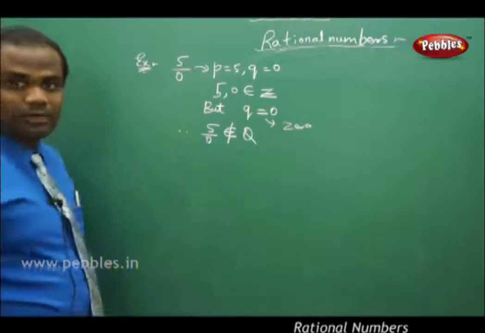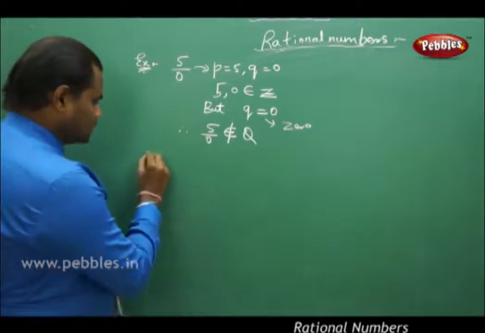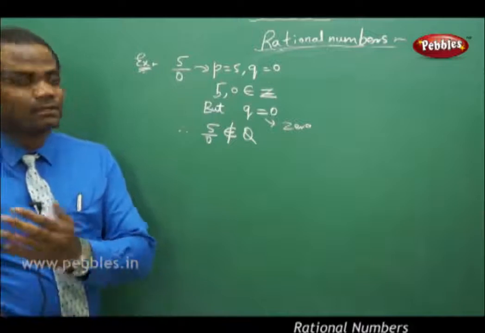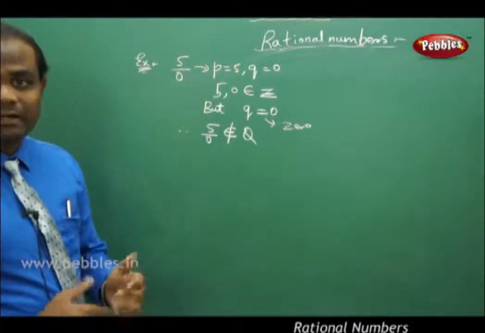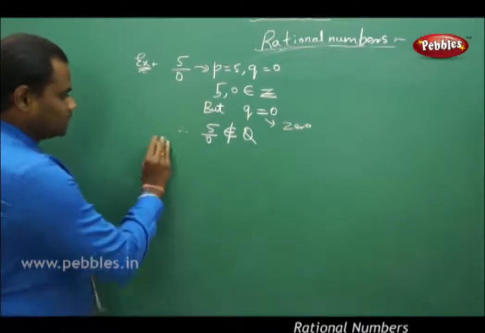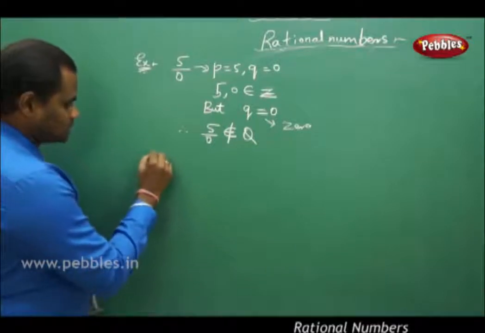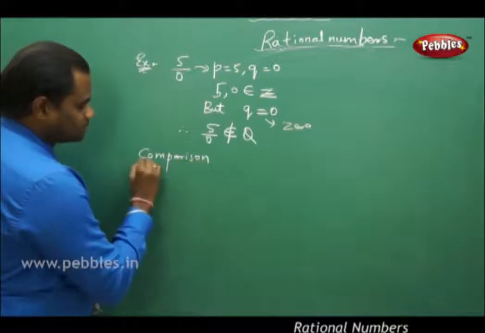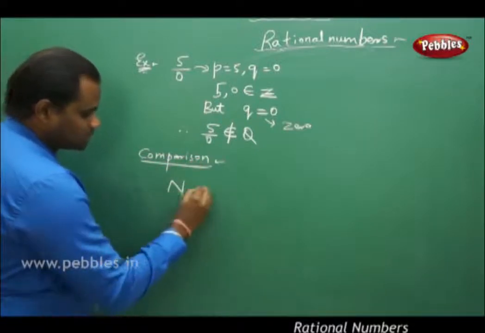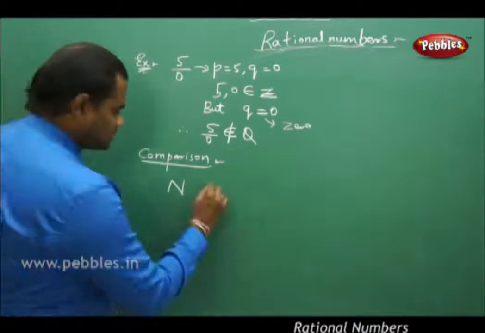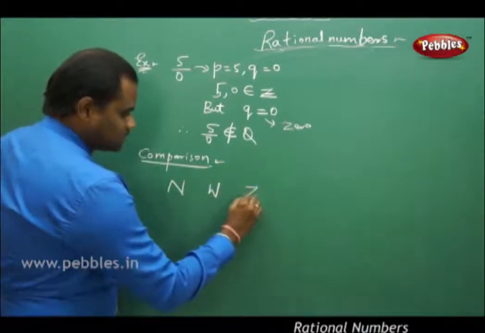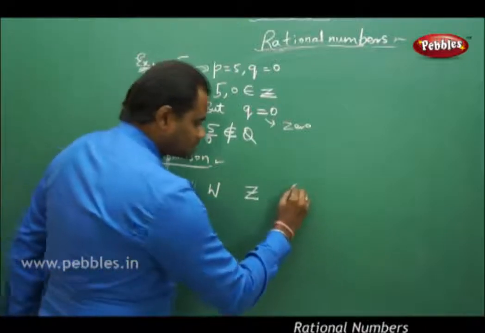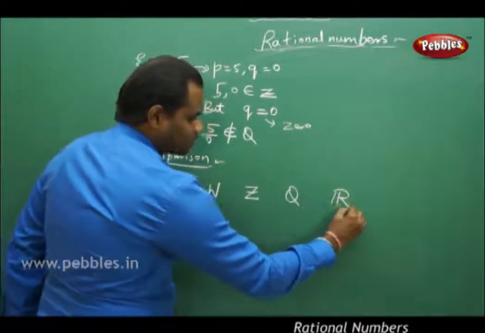Now we'll try to compare each one of what we have considered: the natural numbers, the whole numbers, the integers, the rational numbers, and the real numbers.